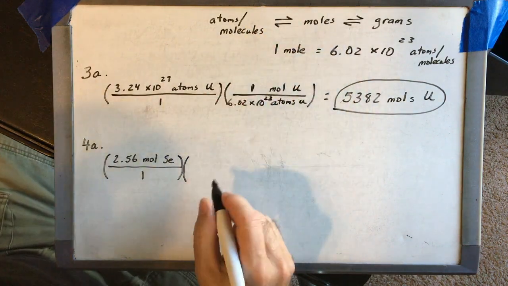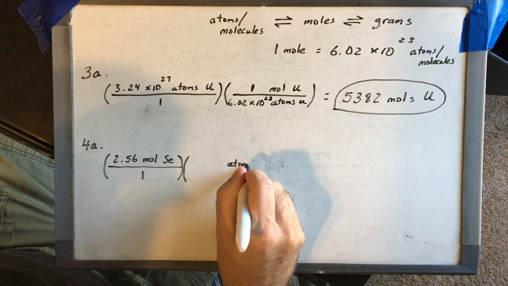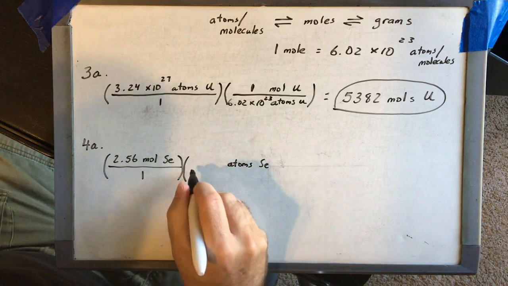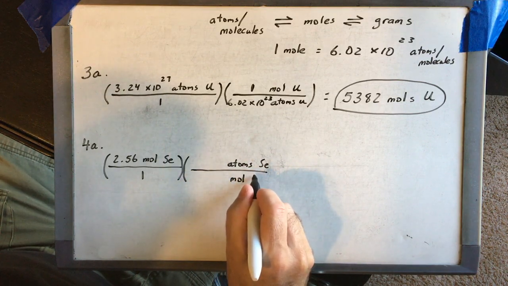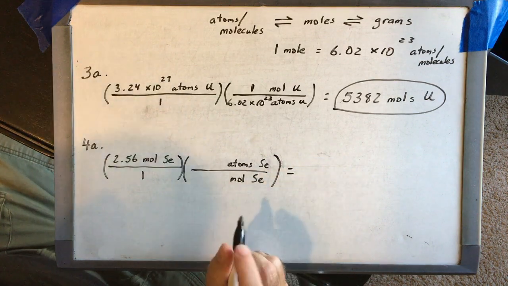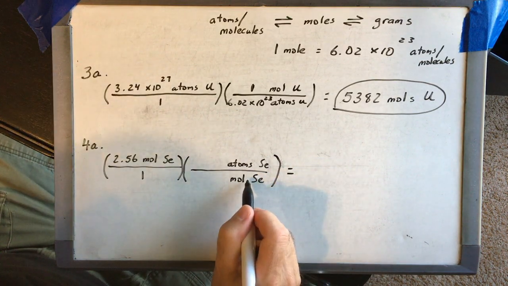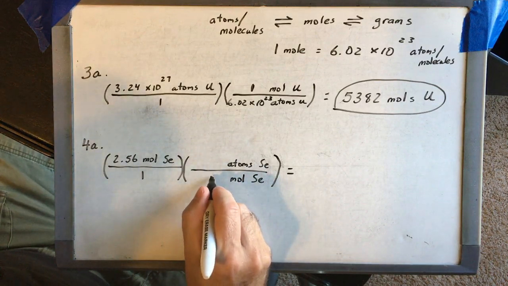Okay, so I'm just going to have 2 parentheses. So let's put atoms on top because that's what we're going to. And we're getting rid of or canceling out moles of selenium. Okay, if you forget what goes on bottom, just go up to the left. It's that thing, so it'll cancel out. 1 always goes by the mole.